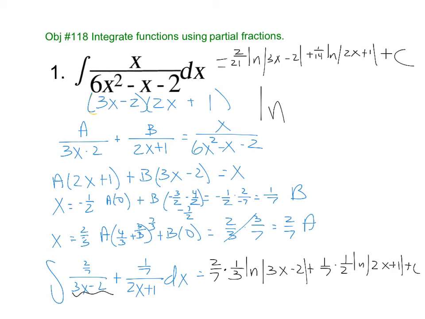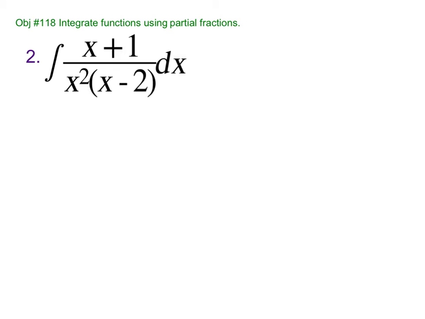The ln of 3x minus 2 to the 2/21 times 2x plus 1 to the 1/14. Like, if you want to rewrite it, you can. I don't really see the point, but it is a thing.